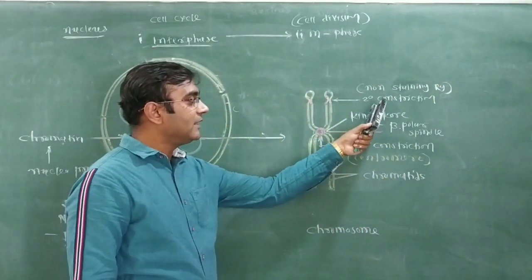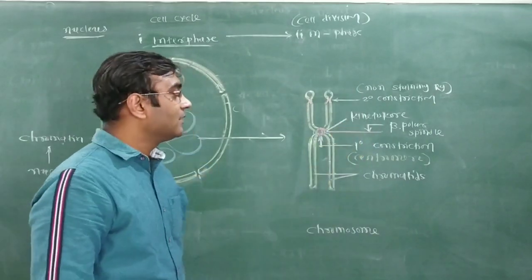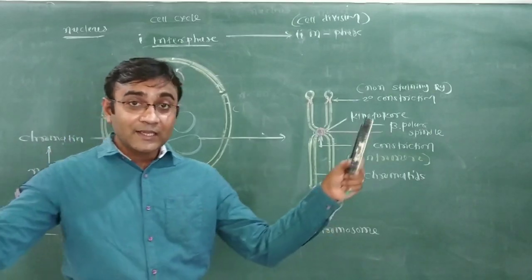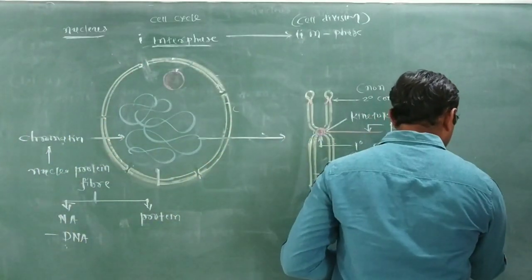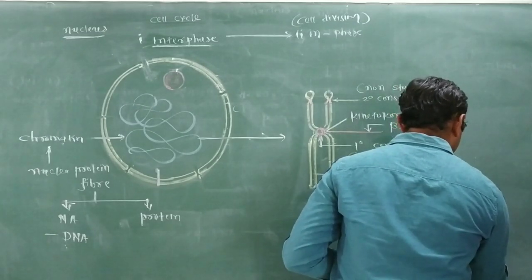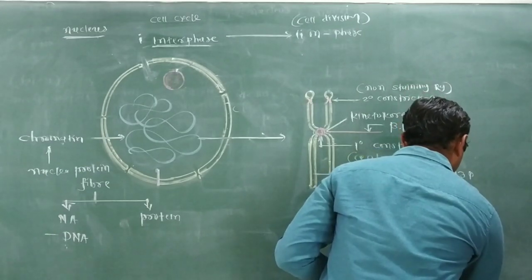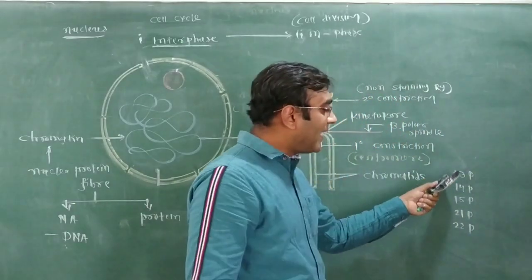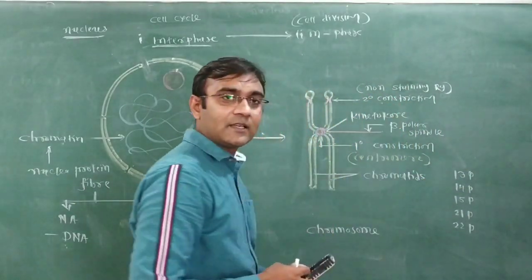This secondary constriction is present in some specific chromosomes. Which chromosomes? Chromosome pairs 13, 14, 15, 21 and 22. These five pairs of chromosomes have a secondary constriction.